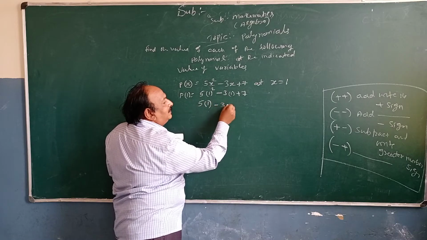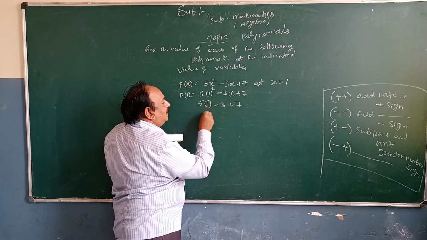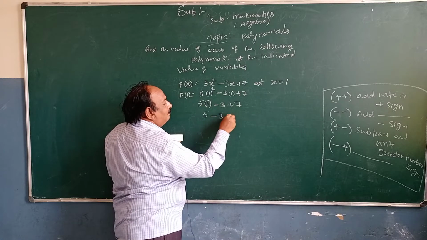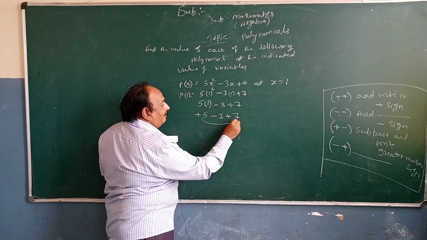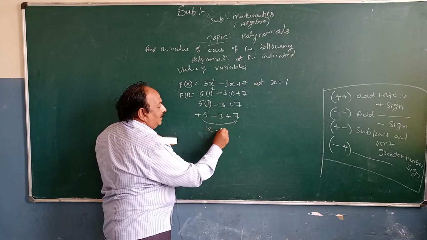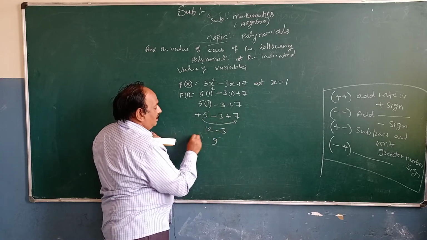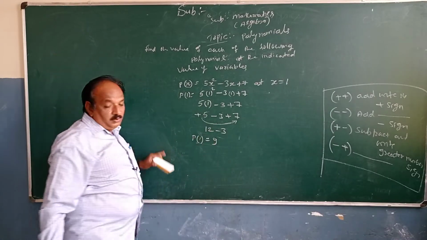Plus into minus is minus, so minus 3 plus 7. 5 ones are 5, minus 3 plus 7. This is plus, this is plus. 7 plus 5 is 12. Minus 3, that is equal to 9. P of 1 is equal to 9.